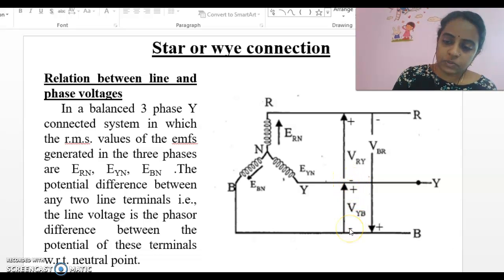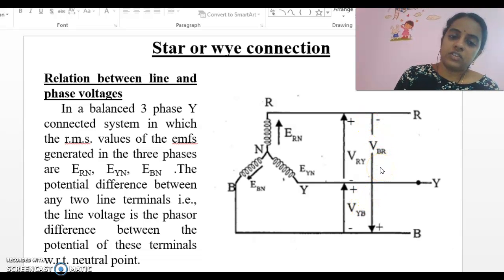VYB is the voltage between the lines Y and B, so VYB is also a line voltage. Similarly, VBR is a line voltage. So here two types of voltage we have to study: phase voltage and line voltage. Phase voltage is a voltage between a line and neutral. Line voltage is a voltage between two lines. Now we are going to study the relationship between phase voltage and line voltage.